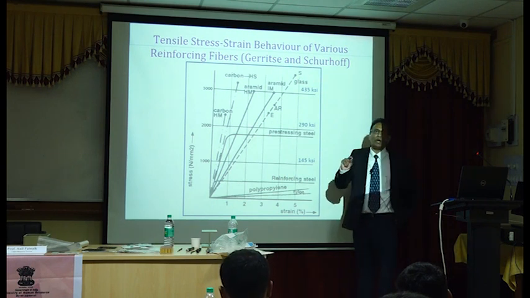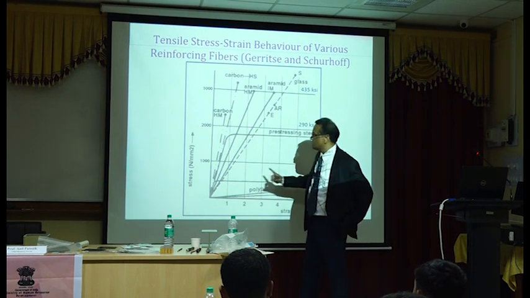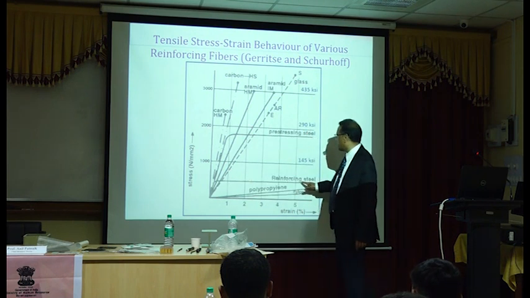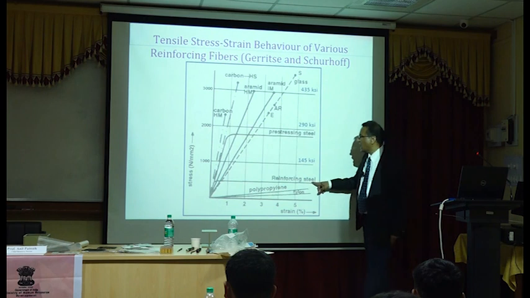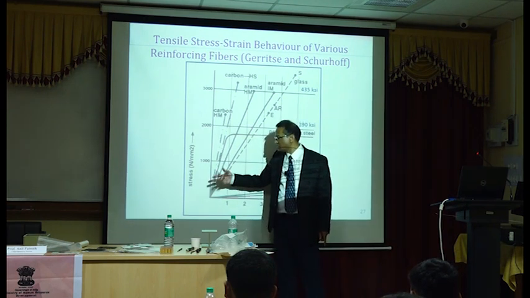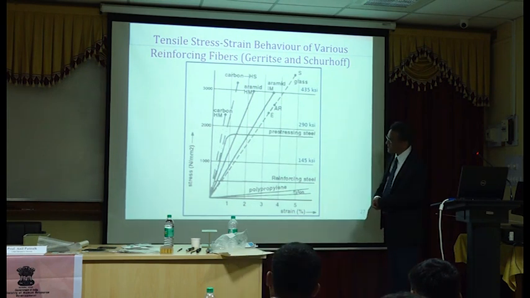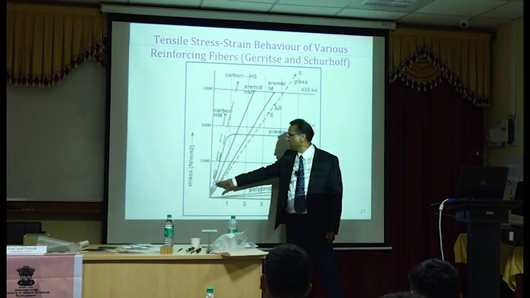We'll start with the ones that we know really well. Steel. Steel has a more or less bilinear stress strain curve. And look at the numbers. Maybe this is about 400, which is what we expect, or even slightly less than 400. But anyway, this is the traditional steel reinforcement.